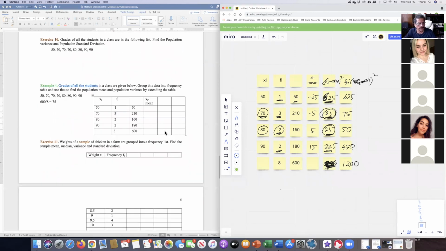So sigma squared is 1200 divided by the total count of the data. The total count of data is 3 plus 1, 4 plus 2, 6 plus 2, 8. So divide it.